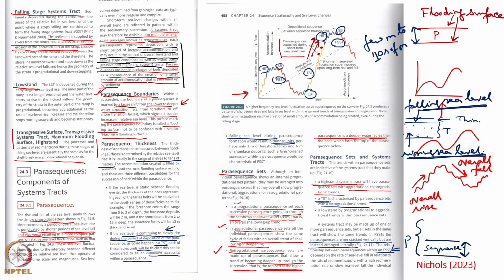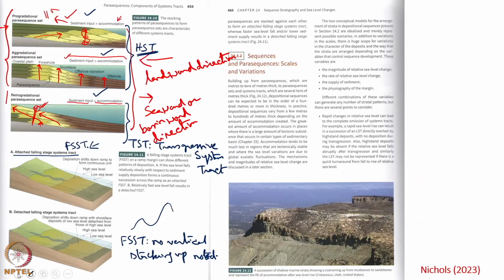Now, here two patterns can be discriminated: rate of sea level fall in relation to the rate of sediment supply. Suppose with a high sedimentation rate or slow sea level fall, then the individual parasequences are stacked against each other to form an attached falling stage systems tract.